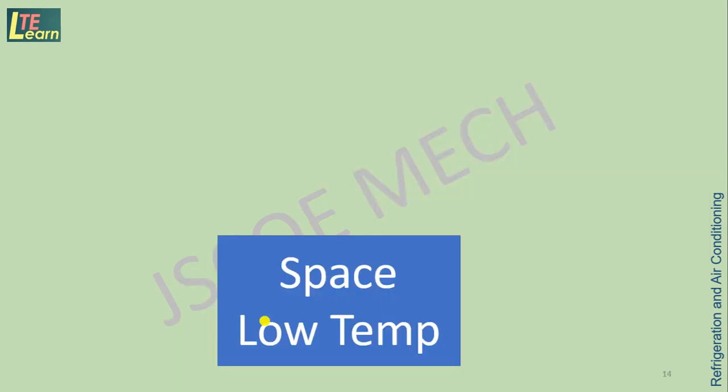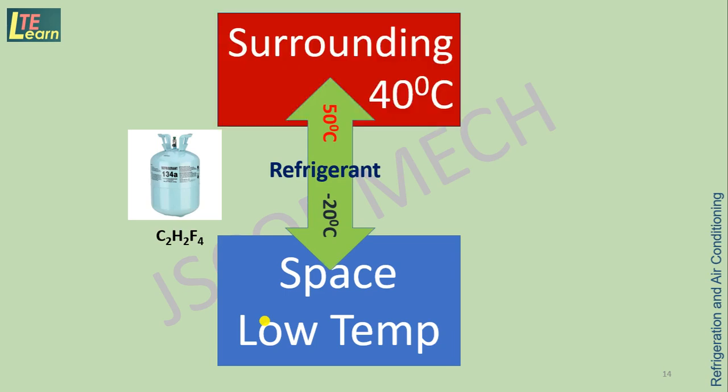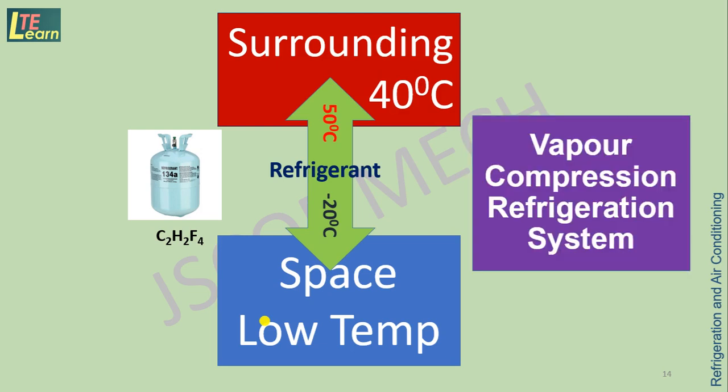So in the refrigeration process, heat from the space at low temperature is carried by the two-phase substance called as refrigerant, and it is carried to the surrounding which is at high temperature. Now this is possible by mechanical system which is called as vapor compression refrigeration system.